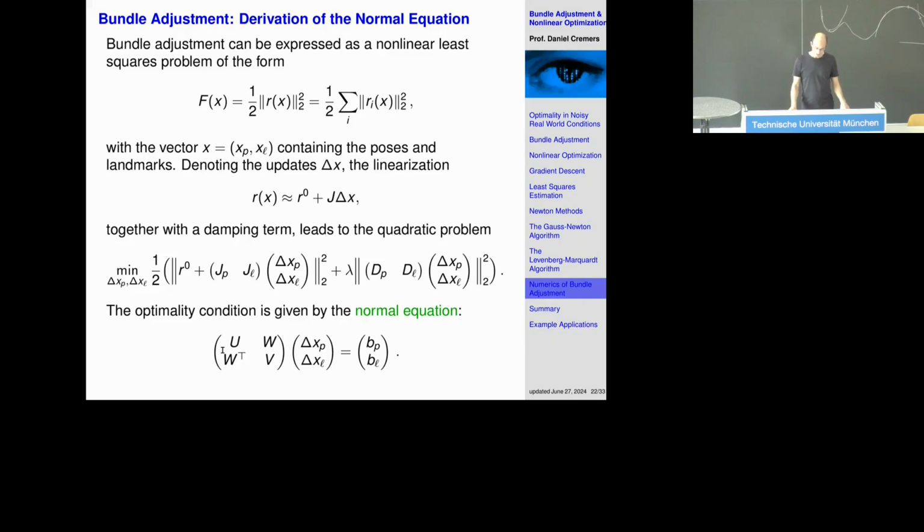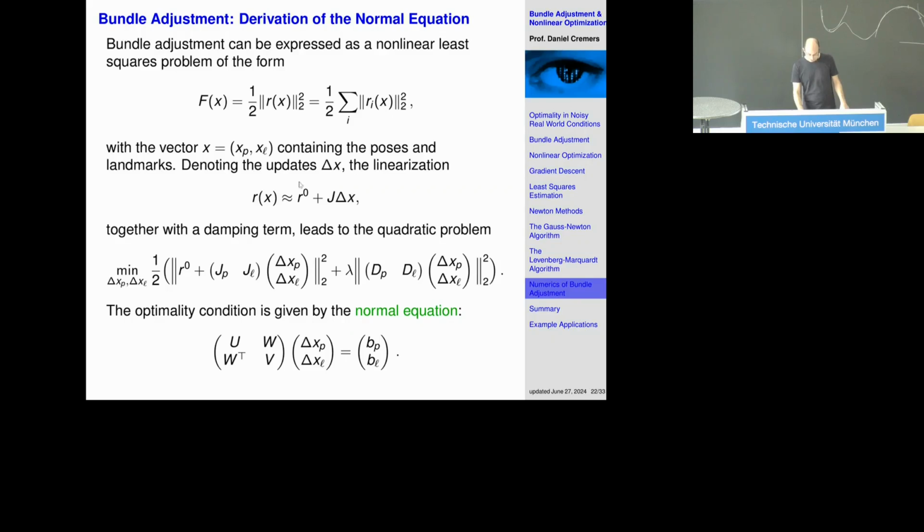And if you do these updates, you get basically to the Gauss-Newton or the Levenberg-Marquardt algorithm. And this is another way to derive the Gauss-Newton and the Levenberg-Marquardt: you approximate the loss function and then apply an optimization method.